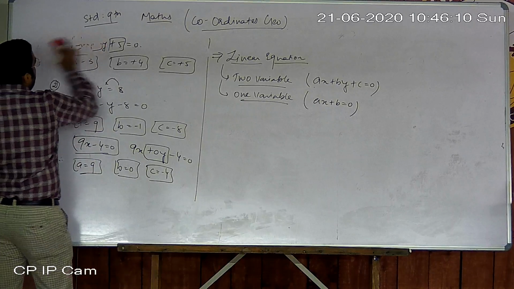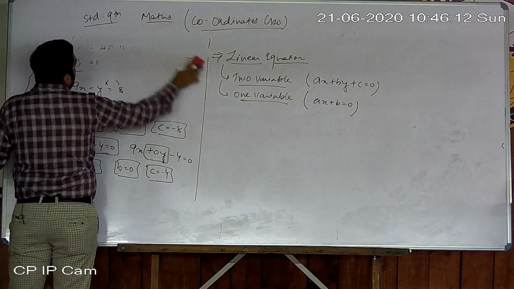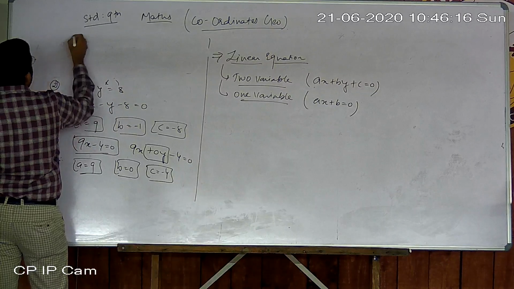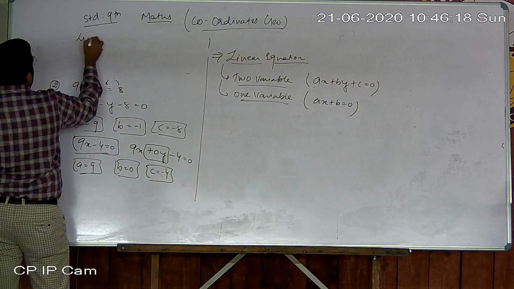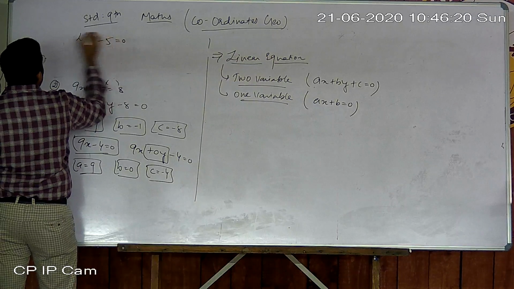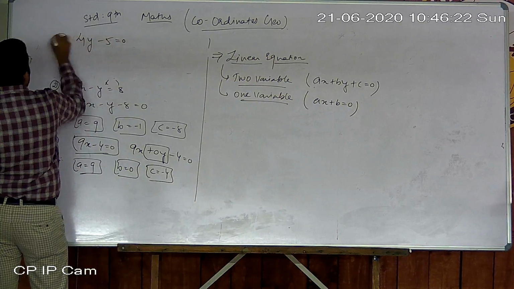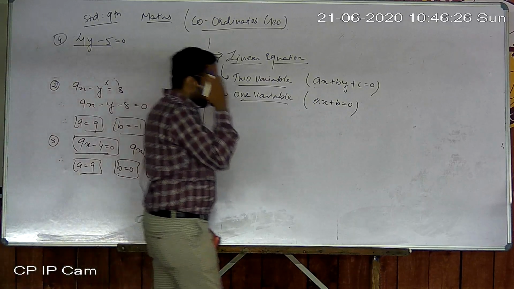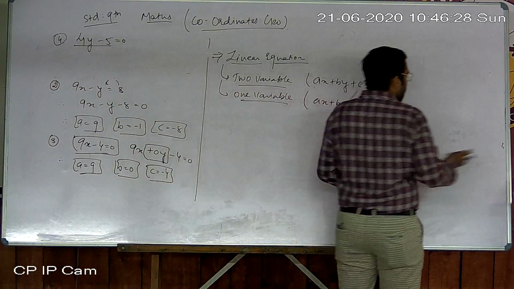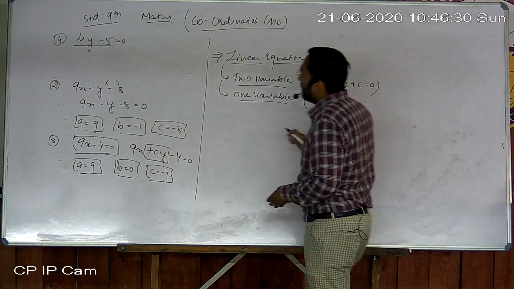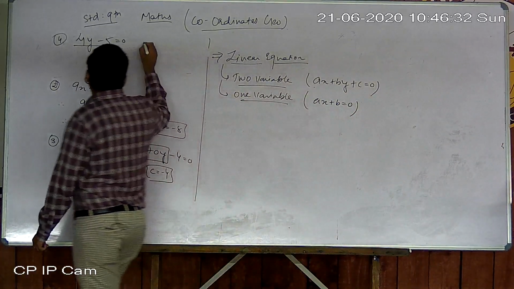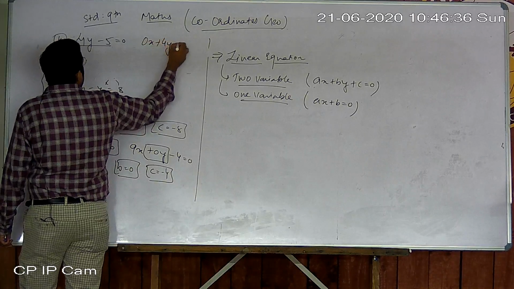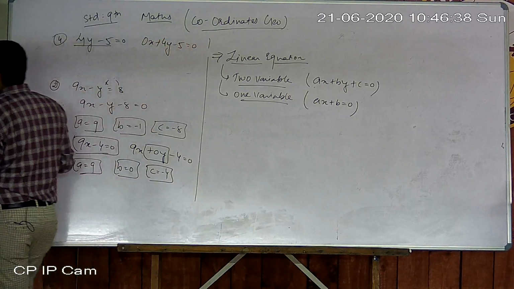Now we take another example, that is 4y minus 5 equal to 0. In this case, we also find that there is no variable related to x, so I'll put 0x plus 4y minus 5 equal to 0.